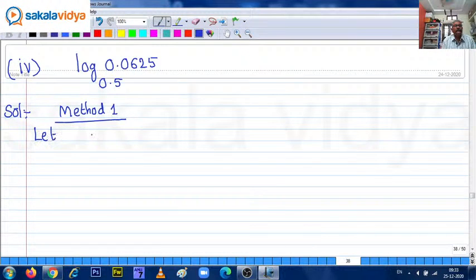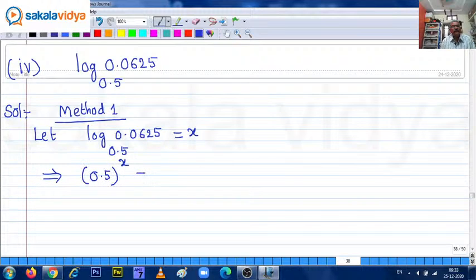Let log of 0.0625 to the base 0.5 is equal to x. So this we can write as 0.5 all to the power of x is equal to 0.0625. That means the right hand side we need to express as a power of 0.5.